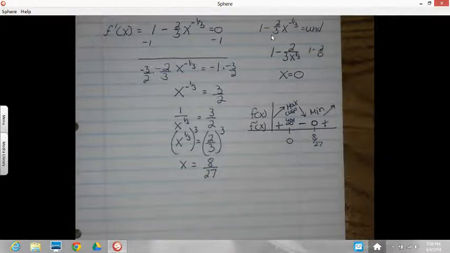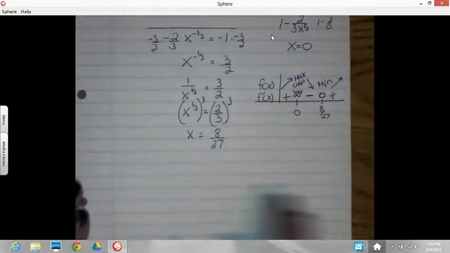Two more. One algebraically, one graphically. Going over here. Oh, there it is. Yeah, negative exponents. Okay, I'm going to start a new page. Okay, example 3.